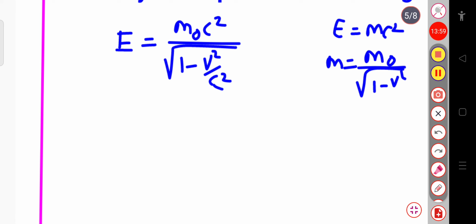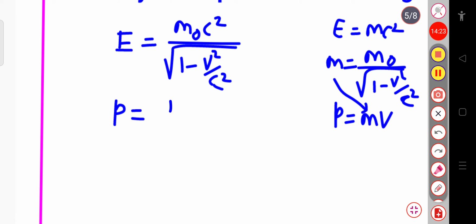So from this relation we have taken energy equal to m0 c square divided by root over 1 minus v square by c square, and similarly we know p equal to mass into velocity, this is the linear momentum, and in this m, if I put m0 divided by root over 1 minus v square by c square, so p can be written as equal to m0 v divided by root over of 1 minus v square divided by c square.